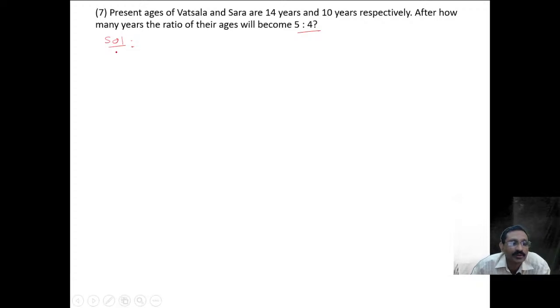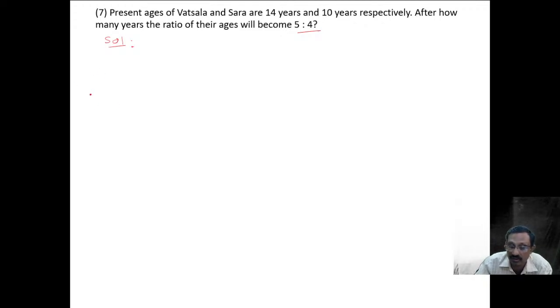Suppose we assume let x be the number of years after which their ratio of their ages will become 5:4. If we assign a variable and that variable will be x to when it will become 5:4. So let us assume a variable.